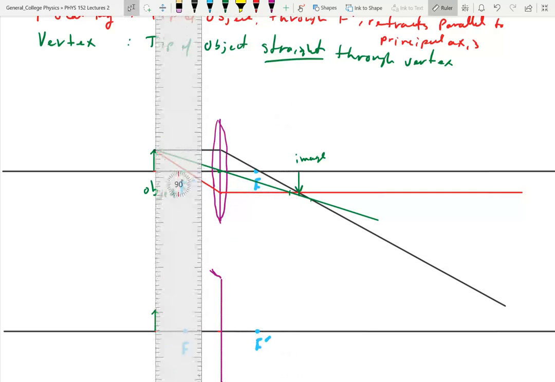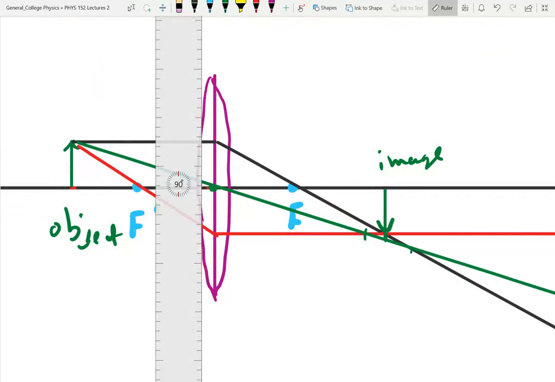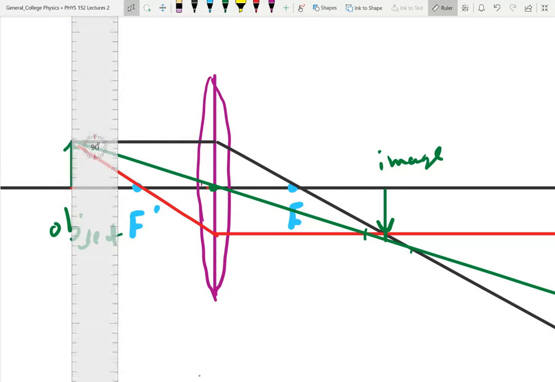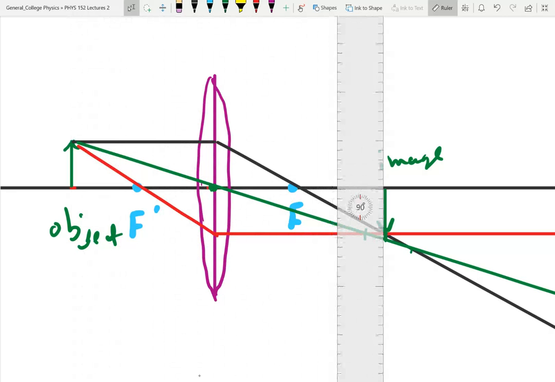So using my ruler, you'll note hopefully that the ruler scales. I measured the height of my object to be 5 of these little marks, and the height of my image is 1, 2, 3. It's right about 5 as well.